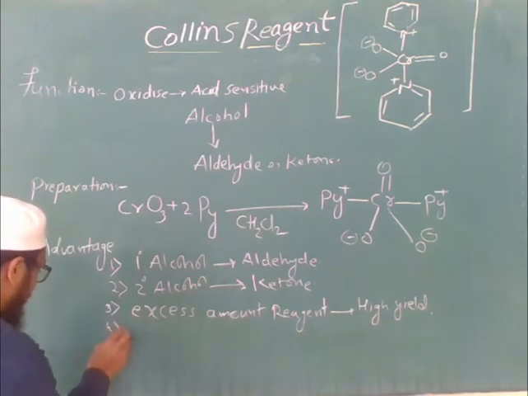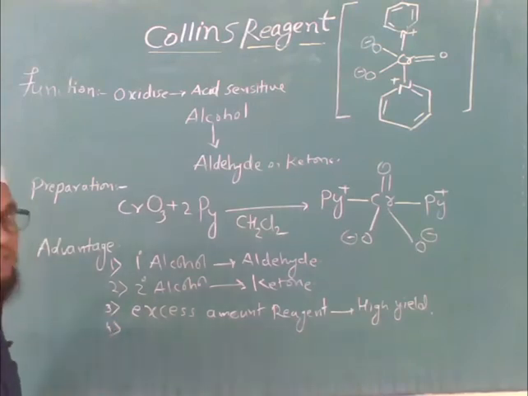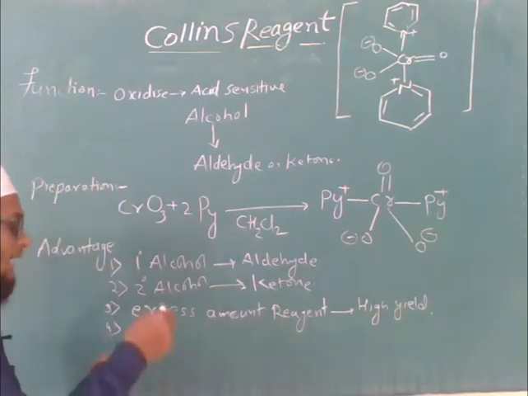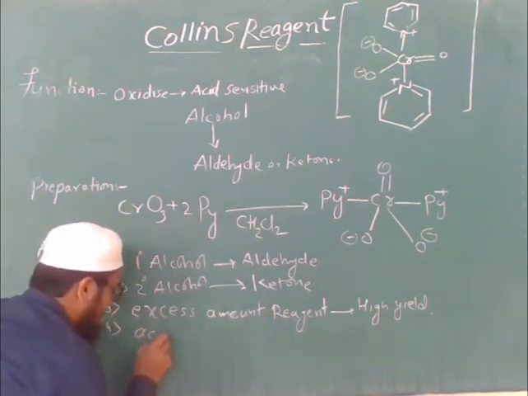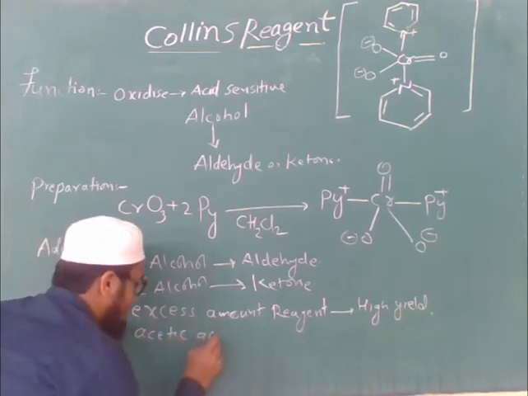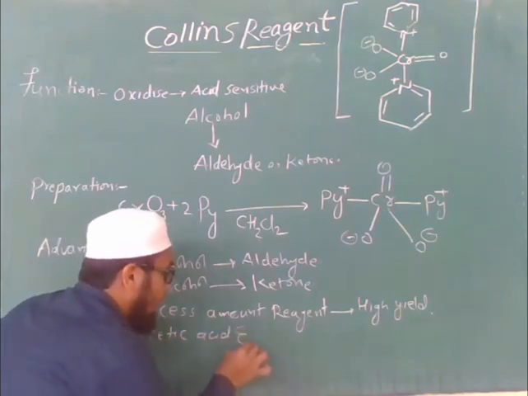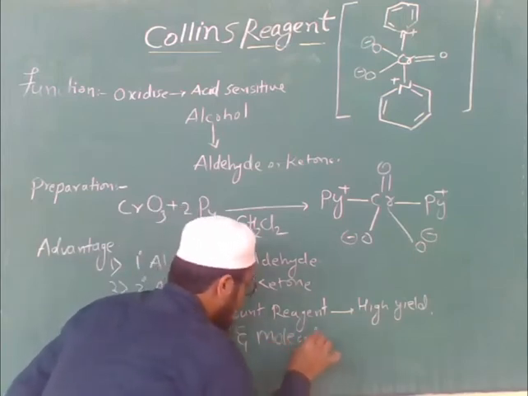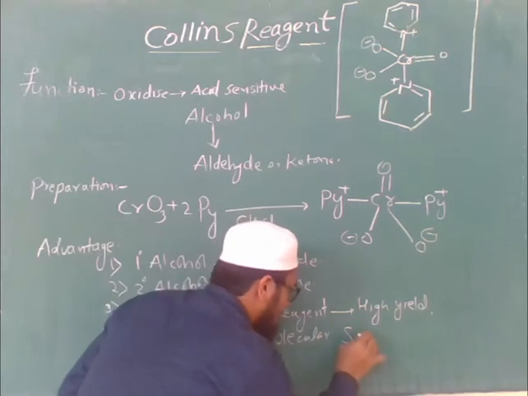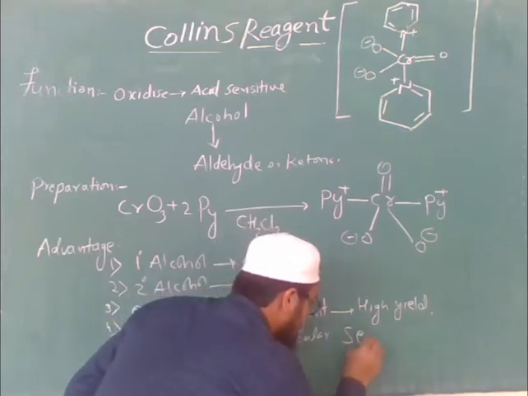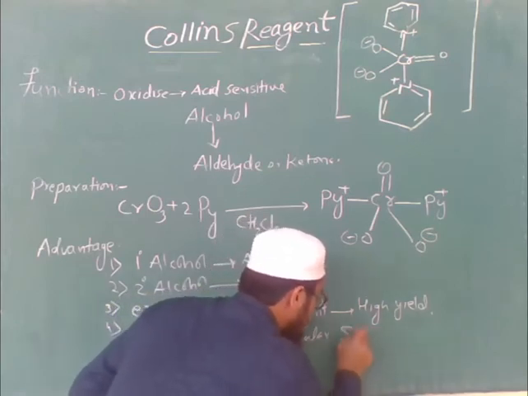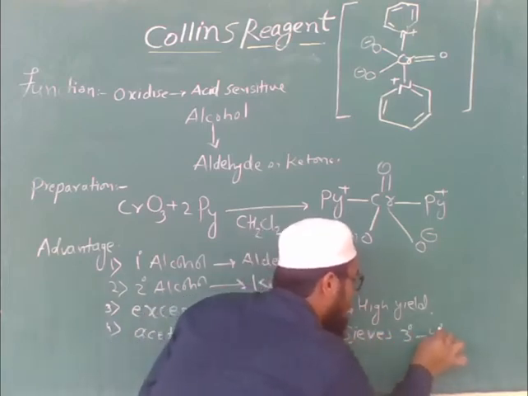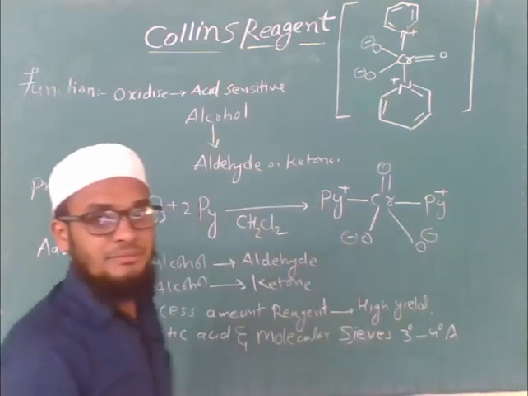The fourth advantage is, if you want to increase the rate of reaction with the excess amount of reagent, you have to add acetic acid and molecular sieves of 3 to 4 Angstrom diameter.